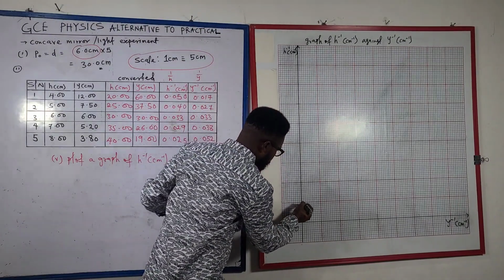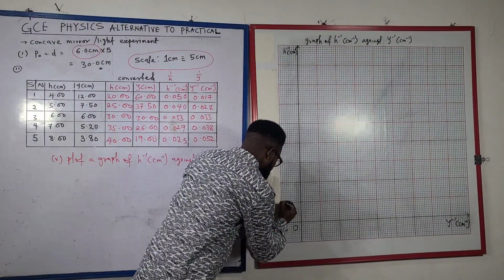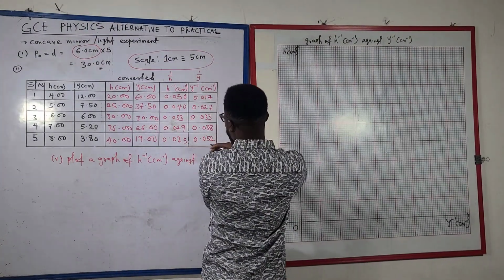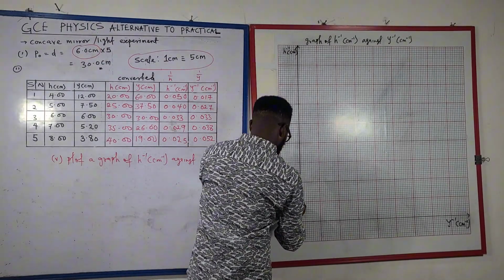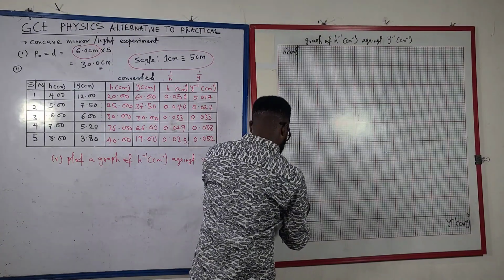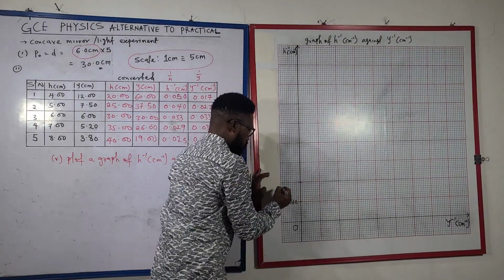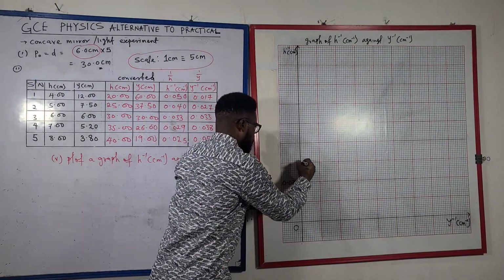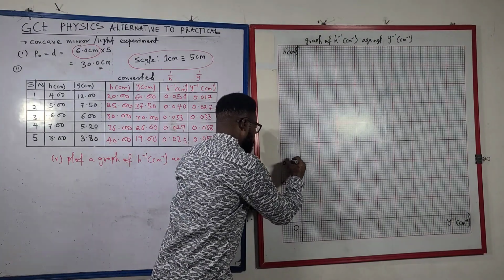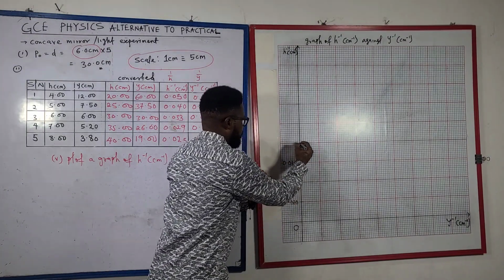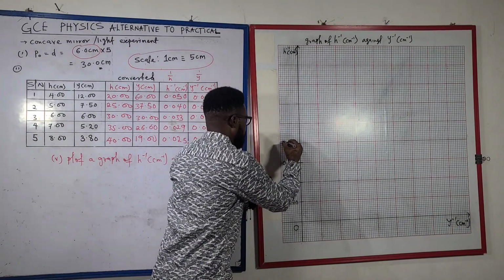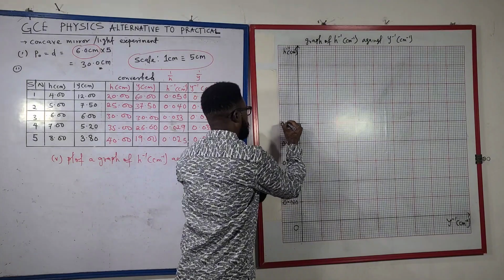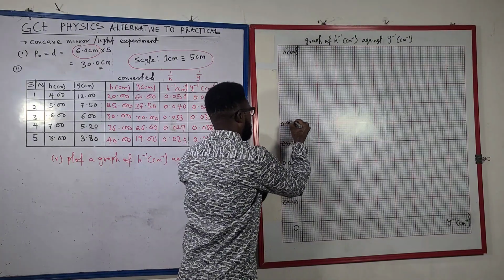Okay, 0, 0.010, 0.020, 0.030, 0.040, 0.050.